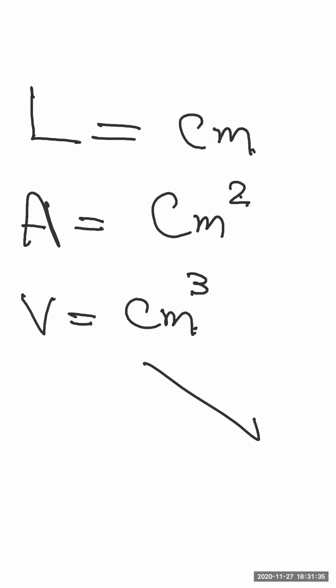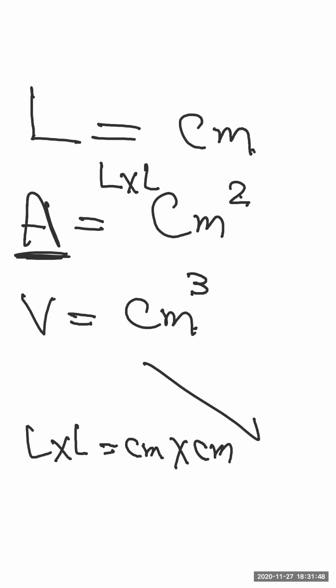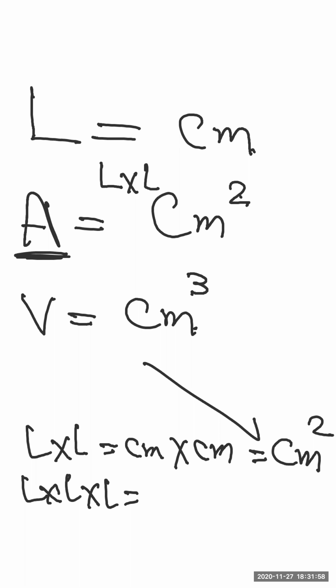Are we clear? Because for area, L times L means centimeter times centimeter, or meter, decimeter, millimeter, whatever, so it will be squared. Volume, we said L times L times L, so centimeters times centimeter times centimeter, so cubed.